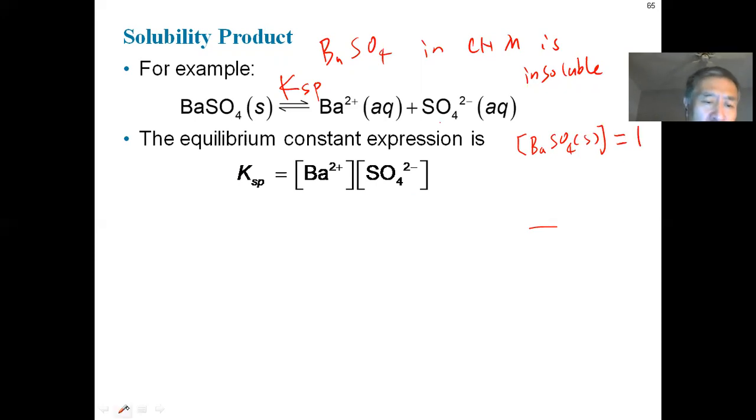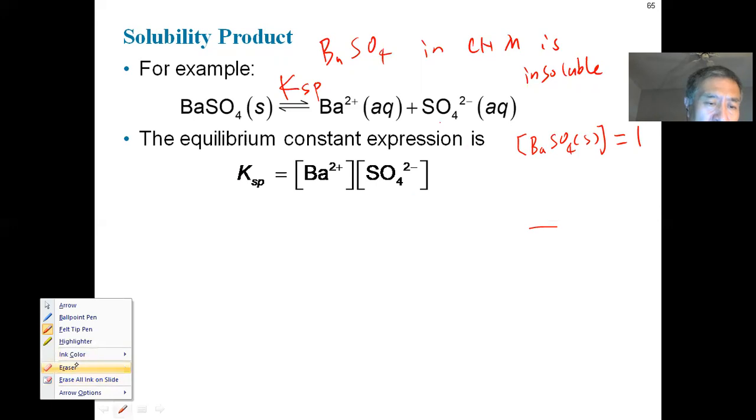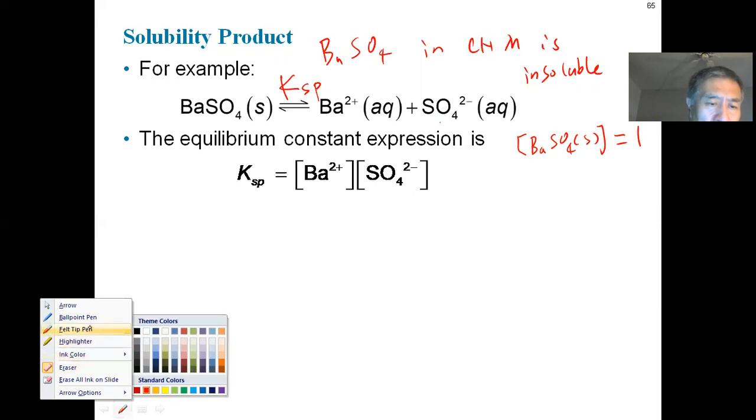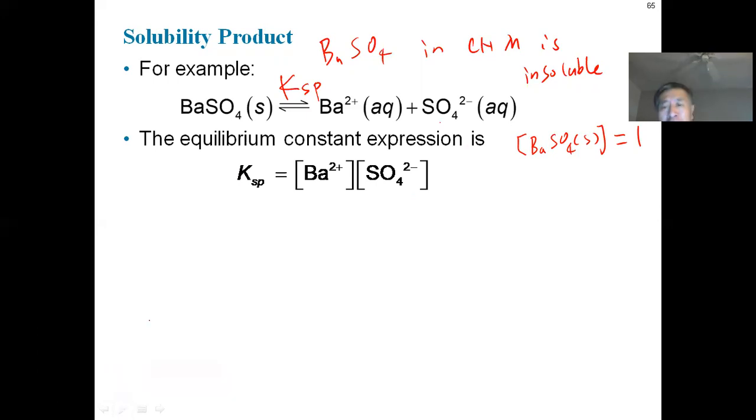Not exactly equal to 1, just 1 symbolizes that the concentration does not change. The concentration is constant. So make sure you don't include anything that is a solid or liquid in the expression for your K, whatever the K.